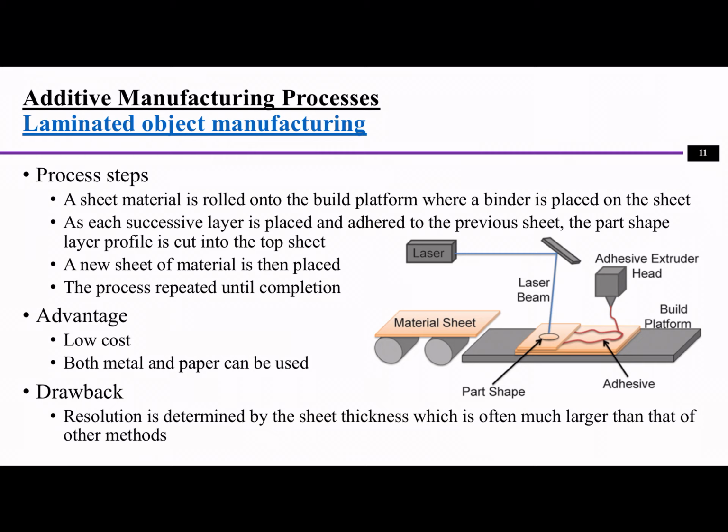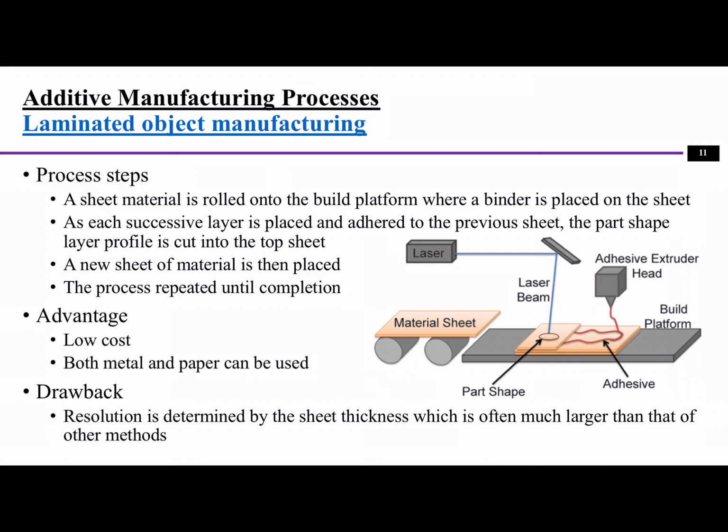And then I'm going to use a laser beam to cut the shape of the material for that layer. This is how we get the bonding layer by layer. Then after that, we put another material sheet and repeat the process again. So this is how this process works and makes the part.